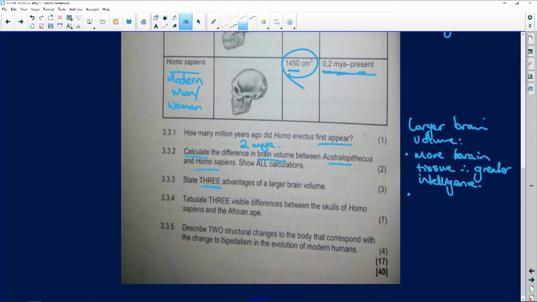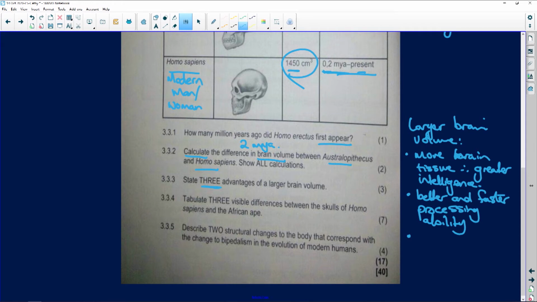Okay. Second thing that you would have is that you're going to have a better and faster processing ability.